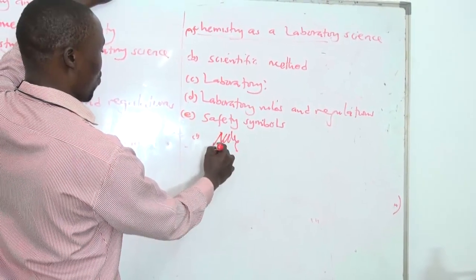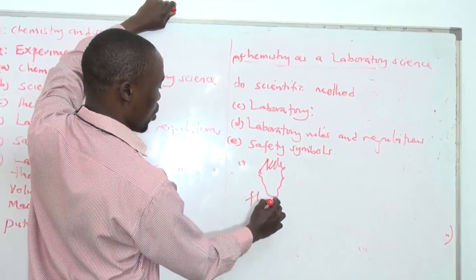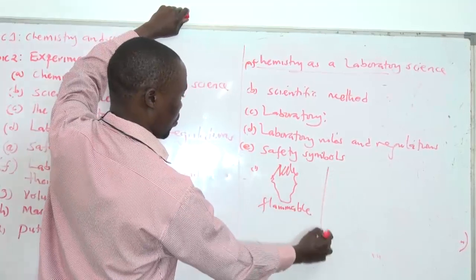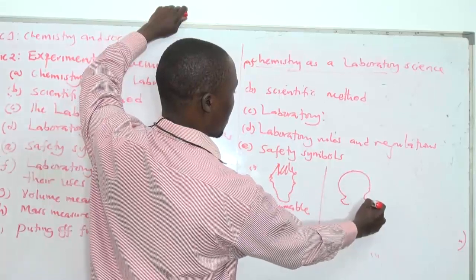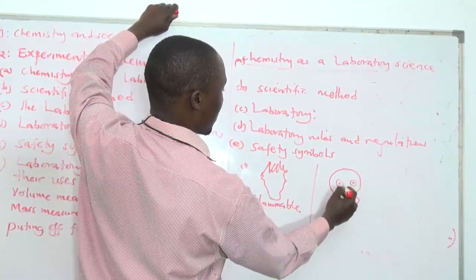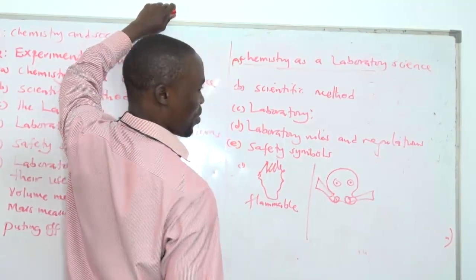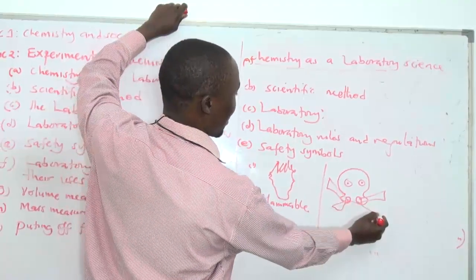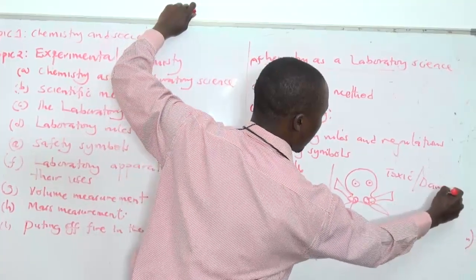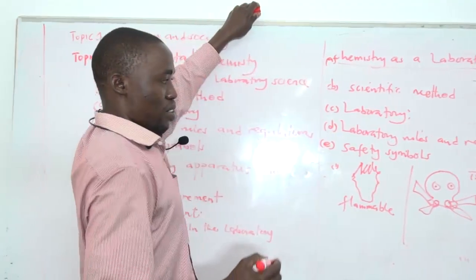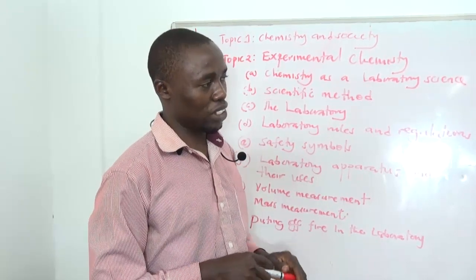The one that looks like fire, to be flammable is to easily catch fire. Then we saw this one, the skull, like the skull of a man with eyes. This meant what? That the chemical was toxic? Dangerous. Okay, you'll find out so many of them, but for the interest of the lesson, let us have only those.